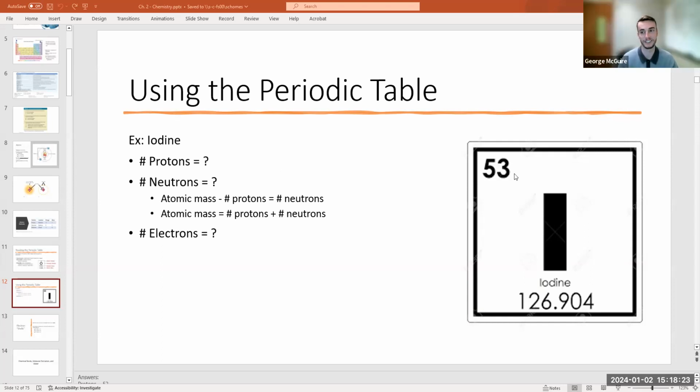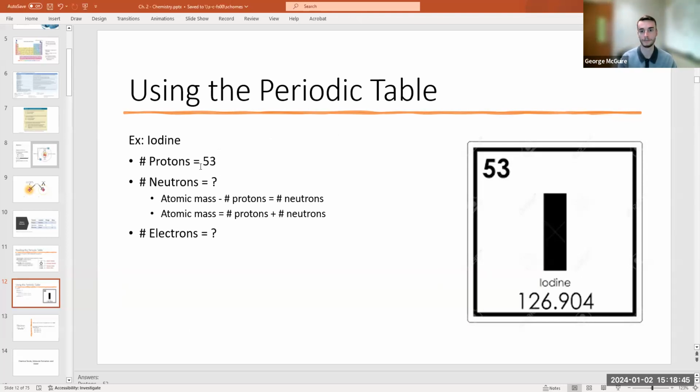Awesome. Absolutely correct, right? So in the top left corner, we have our atomic number, which tells us exactly how many protons are in this element. And as James pointed out, if this had any other number up here, that would no longer be an iodine, because that is what determines what element we're looking at. So iodine has 53 protons.